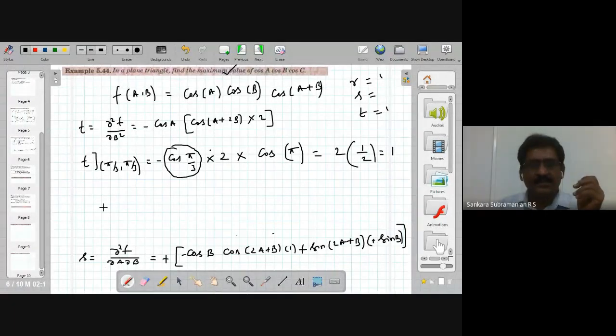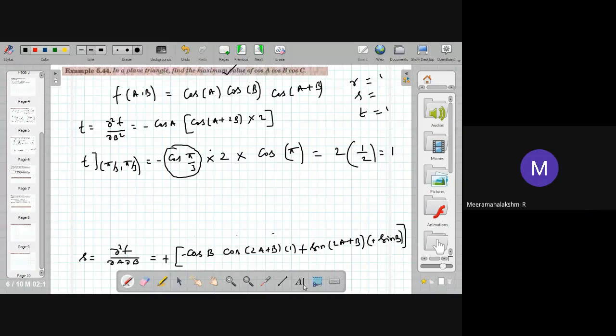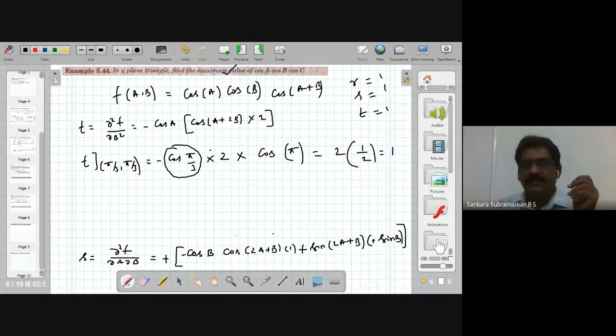What is the value we got? S is equal to 1/2. Okay. What is RT minus S square? R into T is 1, minus S square is 1/4. This is 4 minus 1, how much? 3/4, which is greater than 0.